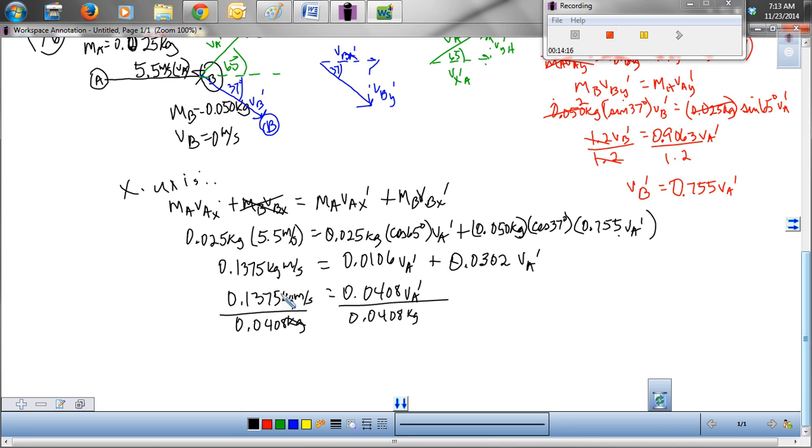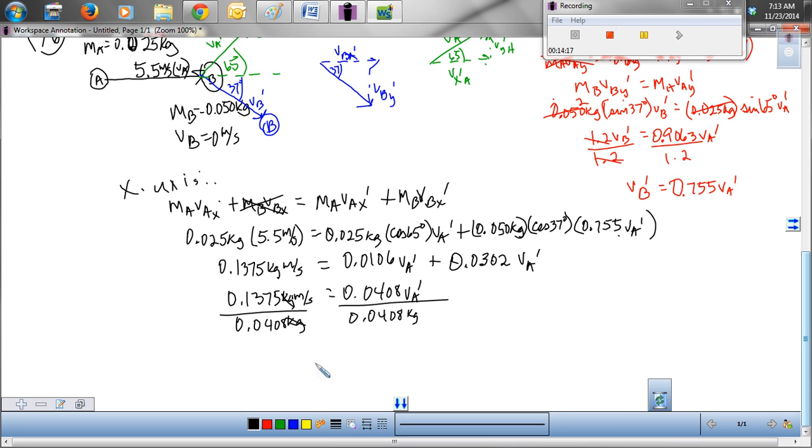So those will cancel. Now if I take my 0.1375 and divide it by 0.0408, I'm going to get 3.37, which works.